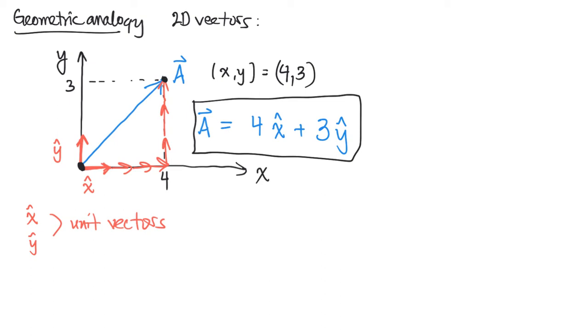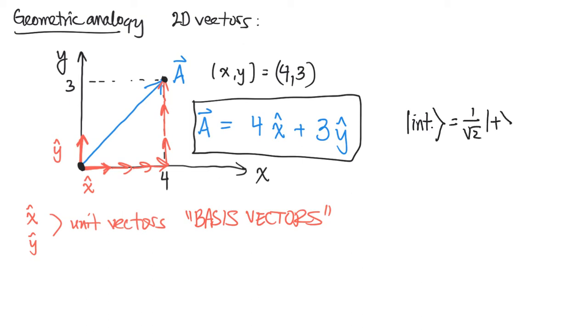So we have another way of writing A as just 4 x hat plus 3 y hat. And here, these unit vectors we can think of as our basis vectors. So we can write the vector A as a linear combination of x hat and y hat, okay? And if we think back to this example of the intermediate state as being 1 over root 2 of plus x and 1 over root 2 times minus x, we can see kind of a direct analogy here.